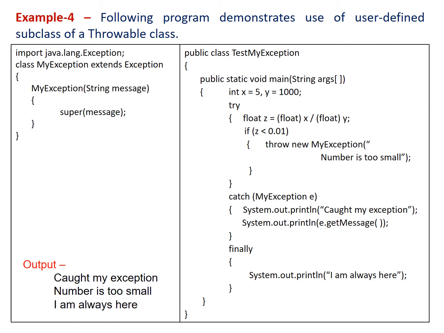Then in the class testMyException, two integer variables are declared, x and y, which are initialized to 5 and 1000 respectively. After that, in the try block, there is a statement which calculates the division of x and y and assigns the result to the variable z.